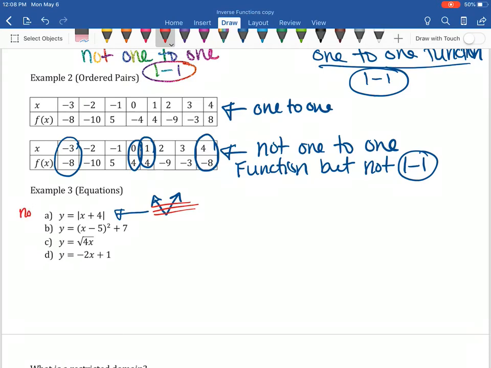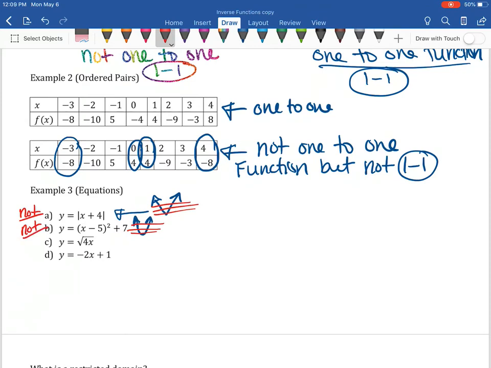So this is not one-to-one, part A. In part B, I can either graph it on my calculator, or if I know the shape, I know that a squared function, a quadratic function, has a smile or a frown shape. And if I start doing the horizontal line test on that, again, it's going to fail because I know what that basic shape looks like. This is not a one-to-one function as well.